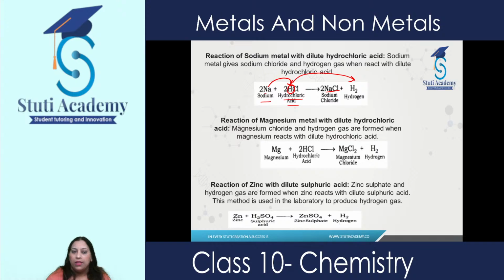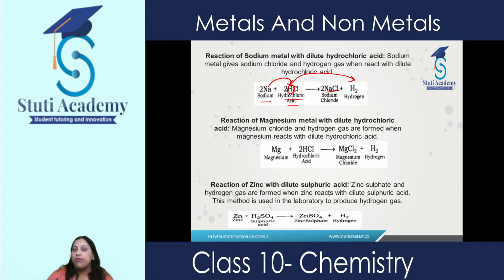Now next is the reaction of magnesium metal with dilute hydrochloric acid. See, when magnesium reacts with acid, again being more reactive than hydrogen, there's a reactivity series, and in that reactivity series, the metals which are placed above hydrogen are more reactive, so they can easily displace hydrogen.